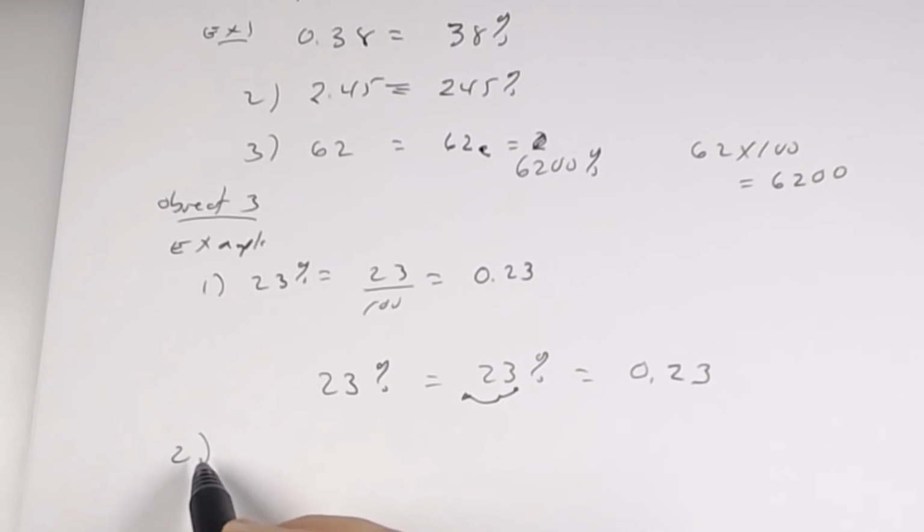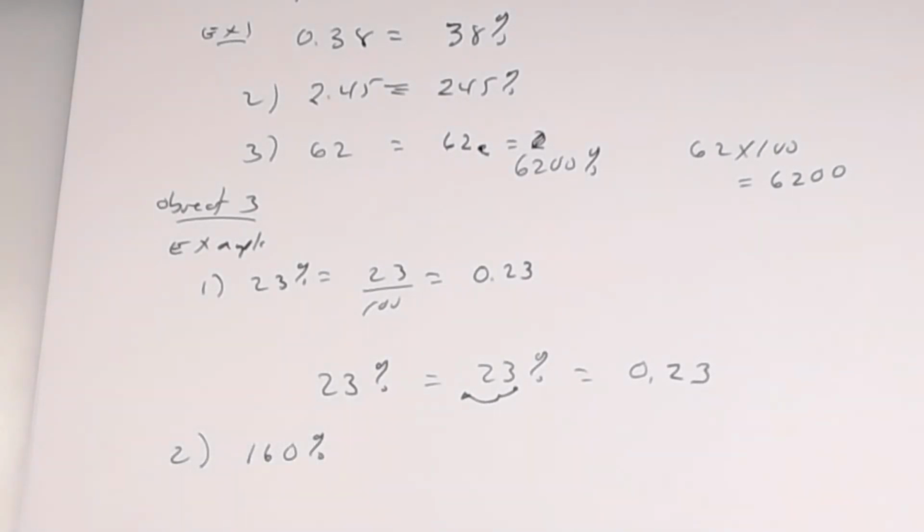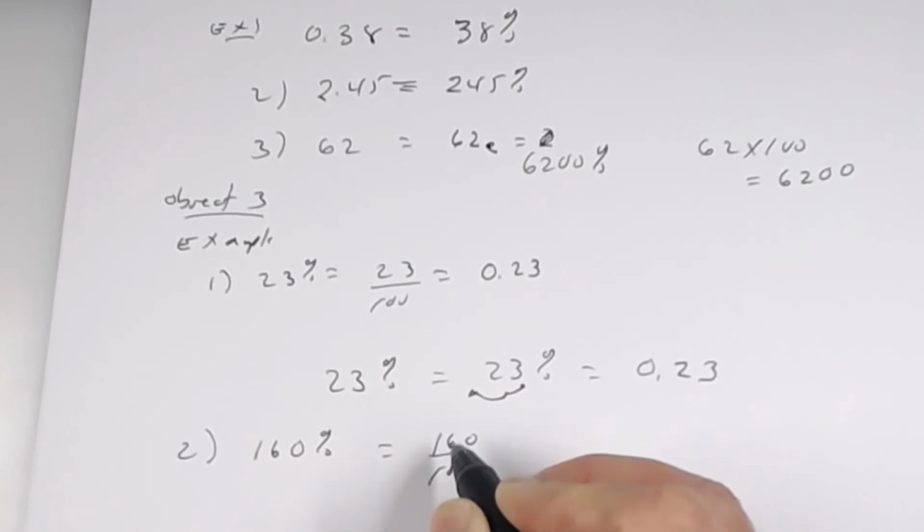All right, what about number 2? You have 160%. What do you think the answer is? What? 1.6 or 1.60? Doesn't matter. You divide by 100, right? So do y'all agree that 160% is 160 divided by 100?